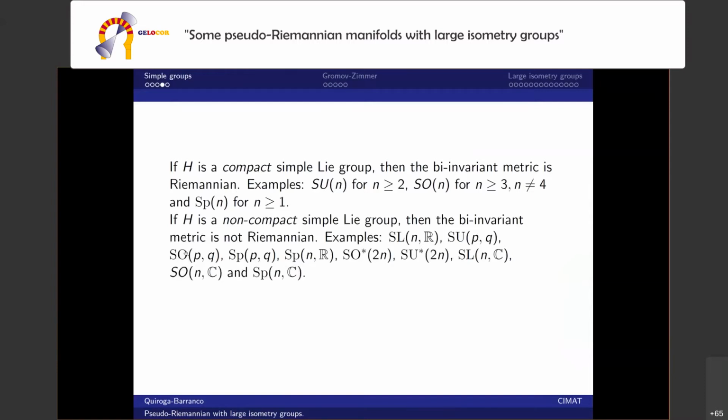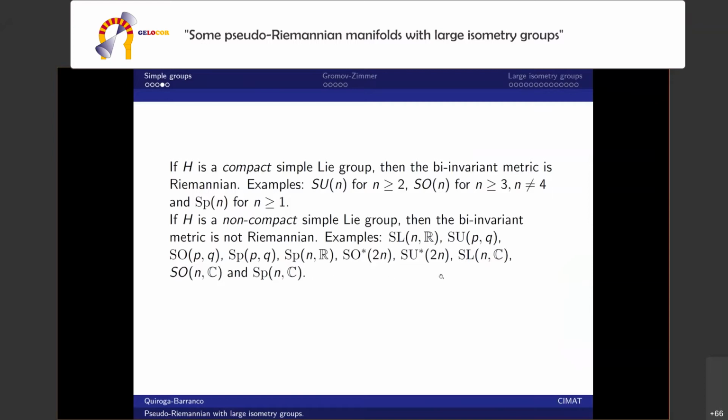These are a large class of Lie groups that you consider over the real numbers, for example SO(4) or SO(2,2), but basically you have everything that is simple.